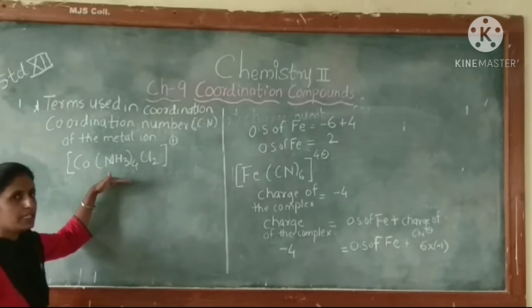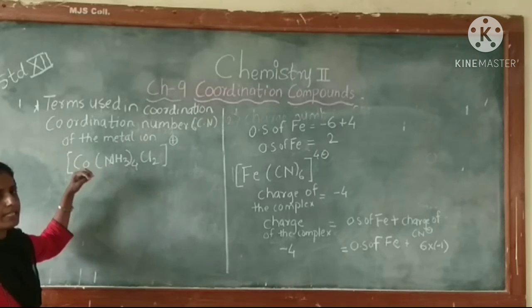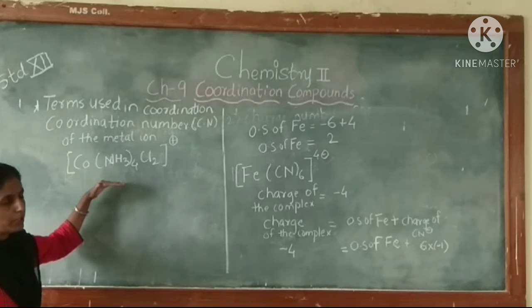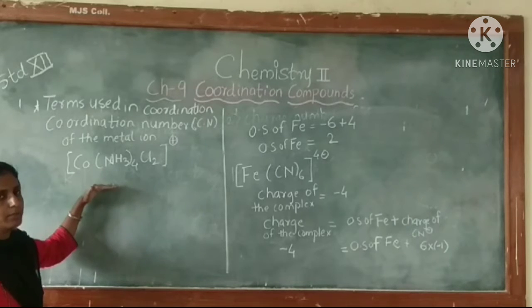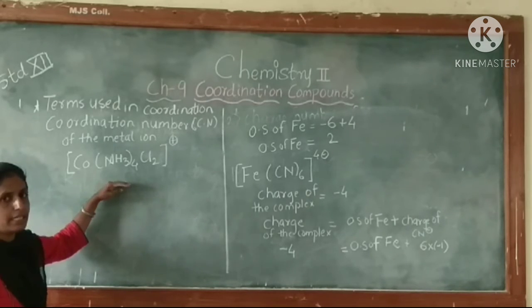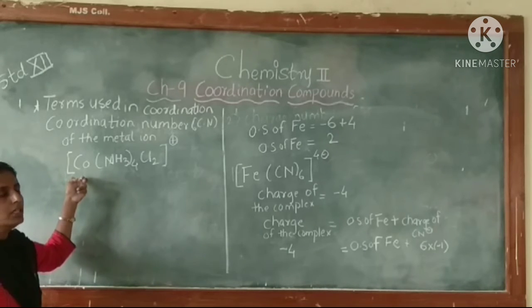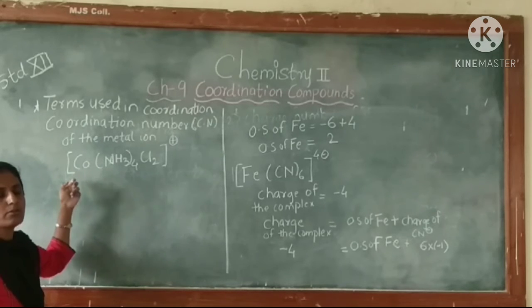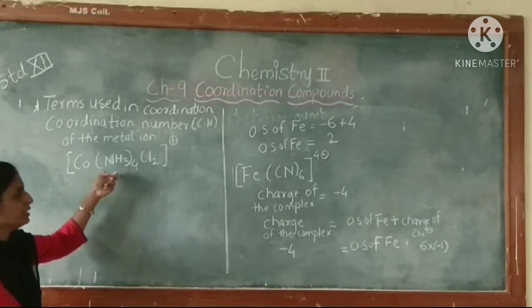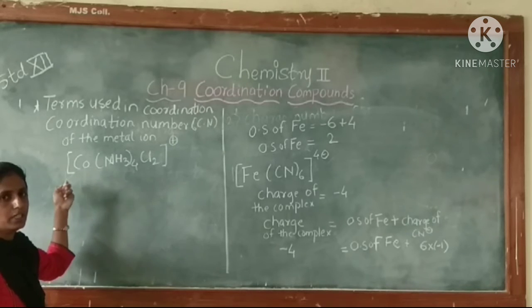So it is having a total of 6 ligands, and each of them is a monodentate ligand. So 6 pairs of electrons are being donated to the cobalt, and so 6 coordinate bonds are formed by these 6 ligands with the cobalt.